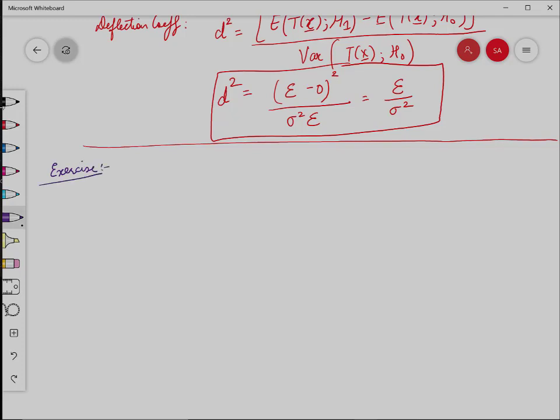The exercise problem is, again, we have two hypotheses H0 and H1 with the same things. Xn here is the noise, and the H1 hypothesis is signal plus noise. Again n goes from 0 to capital N minus 1. Now, rather than the noise being white Gaussian noise, it is colored Gaussian noise.